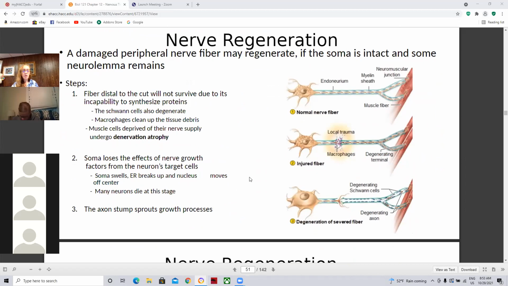Well, we know that neurons can't undergo mitosis, but axons sometimes are able to regenerate. So a damaged peripheral nerve fiber may regenerate if the soma is intact and the neurolemma remains. Keep that in mind. If the soma is intact and some neurolemma remains. What's the neurolemma, guys?